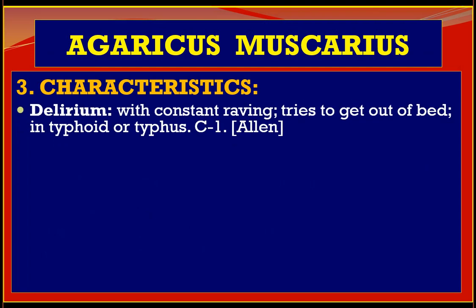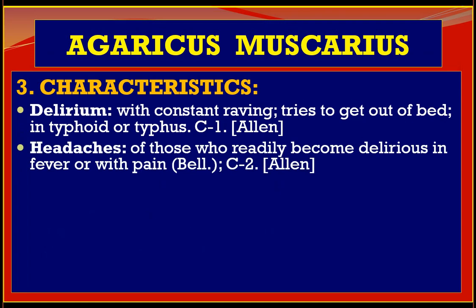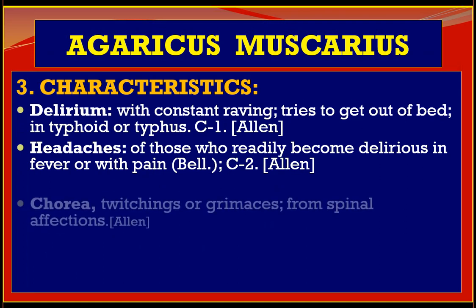Delirium. We are looking at the characteristics of this remedy. Delirium with constant raving, tries to get out of bed in typhoid or typhus. Headaches of those who readily become delirious in fever or with pain.